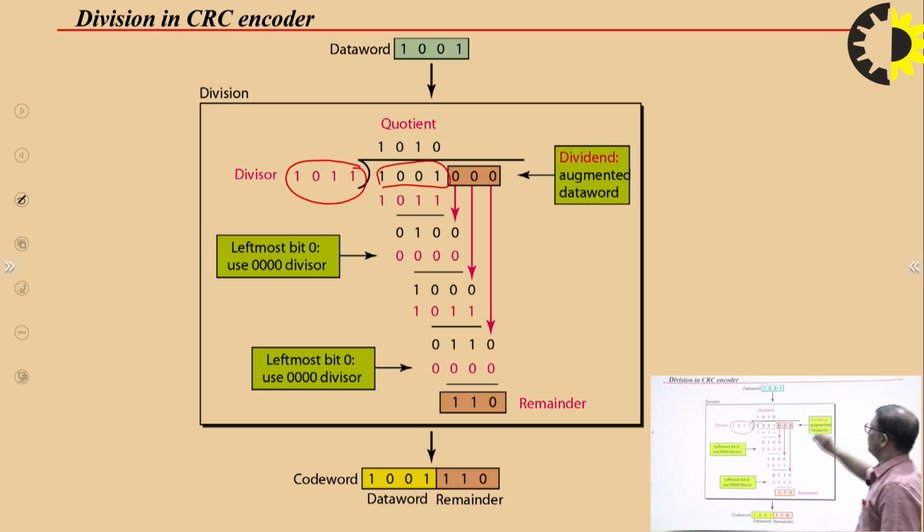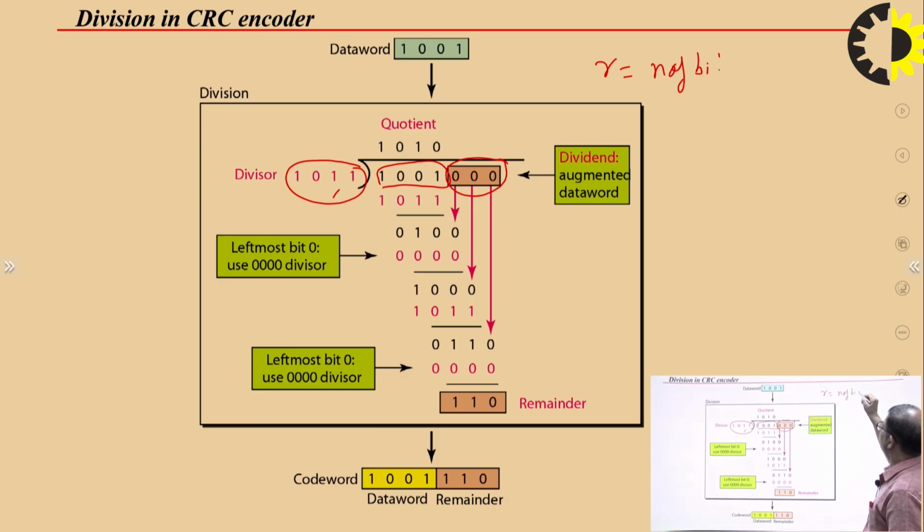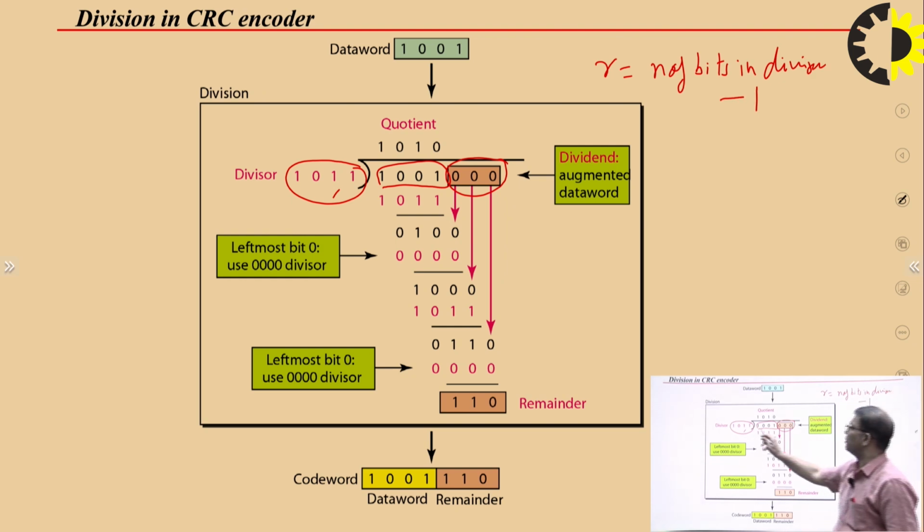Your divisor is 4-bit, and these are the redundant bits. The number of redundant bits is equal to the number of bits in the divisor minus 1. If the number of bits in the divisor is 4, then you apply 3 redundant bits. You simply divide the data with the divisor.